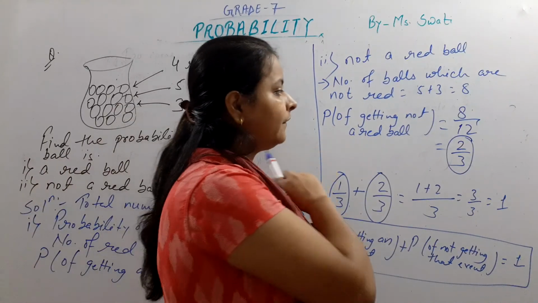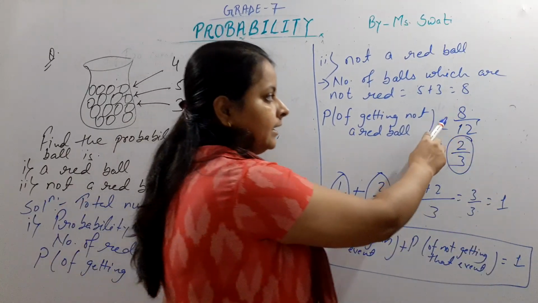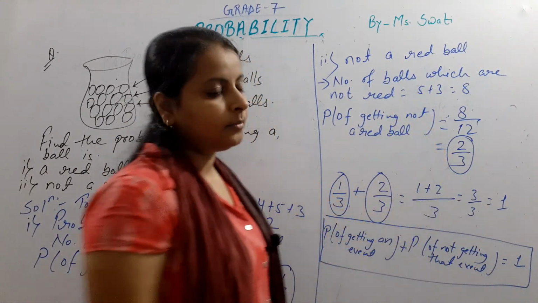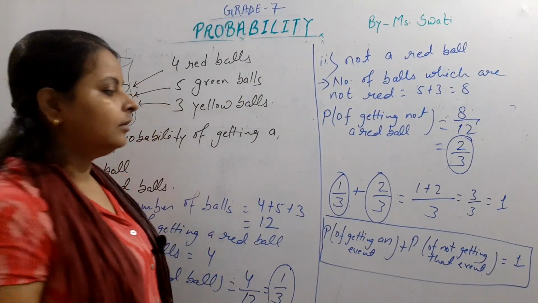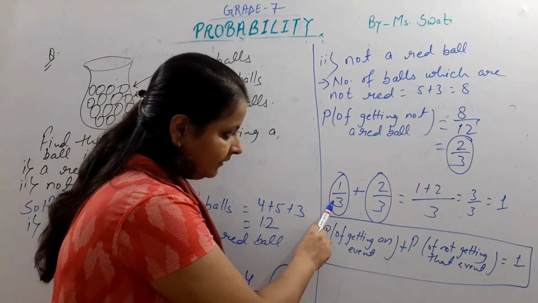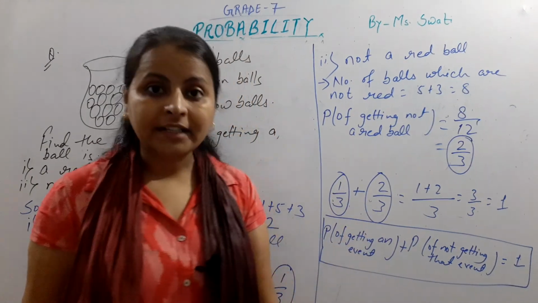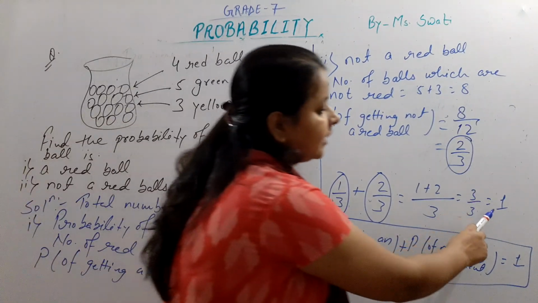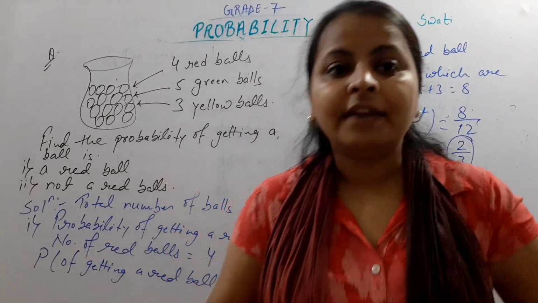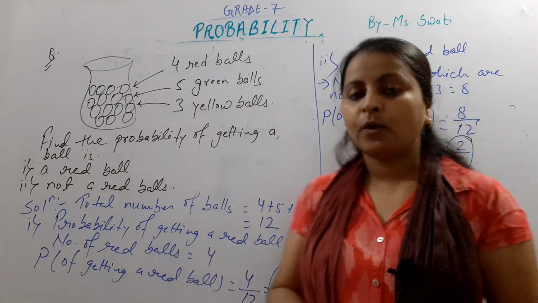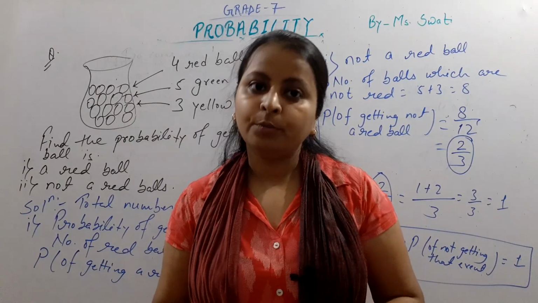So probability of getting not a red ball, favorable outcomes by total number of outcomes, and we get 2 by 3. Student, we see here that probability of getting an event plus probability of not getting that event is equal to 1. Student, in this way we can solve any question related to probability.